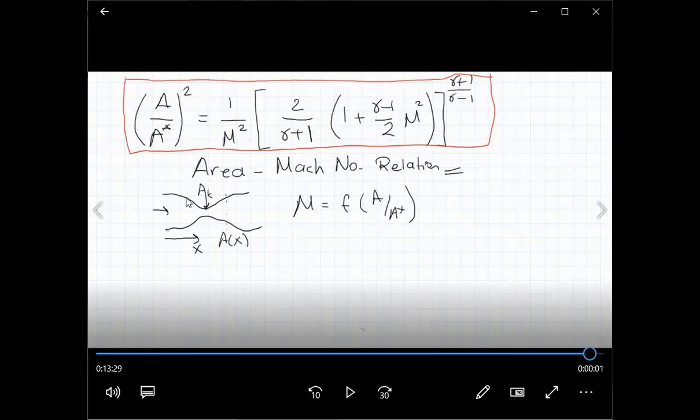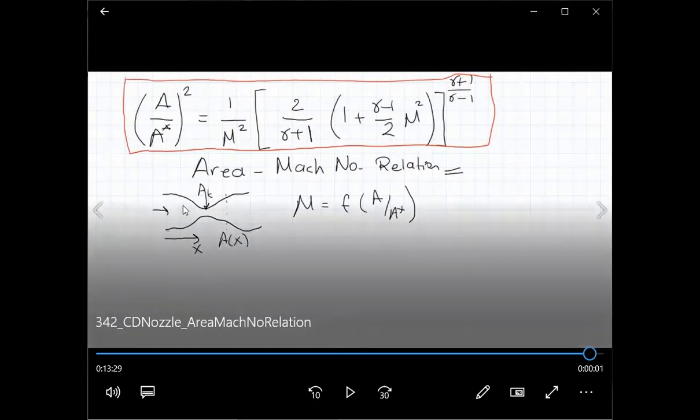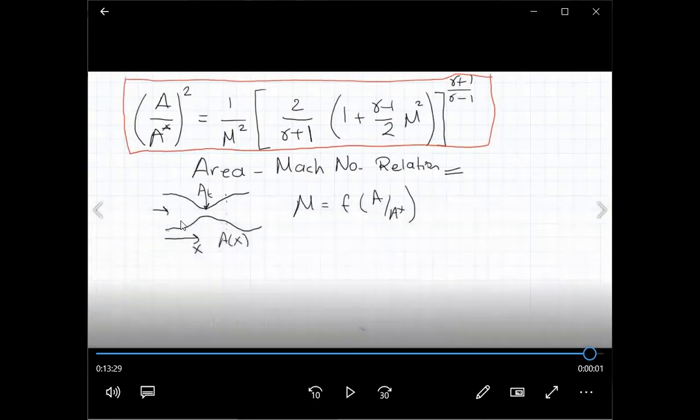That is entirely the controller system of the engine, which is connected to the controller of the aircraft. What it's doing is entirely making use of this area Mach number relation. And to keep the performance of the aircraft and the engine at the required condition, depending on the flight condition, the nozzle exit area is manipulated.